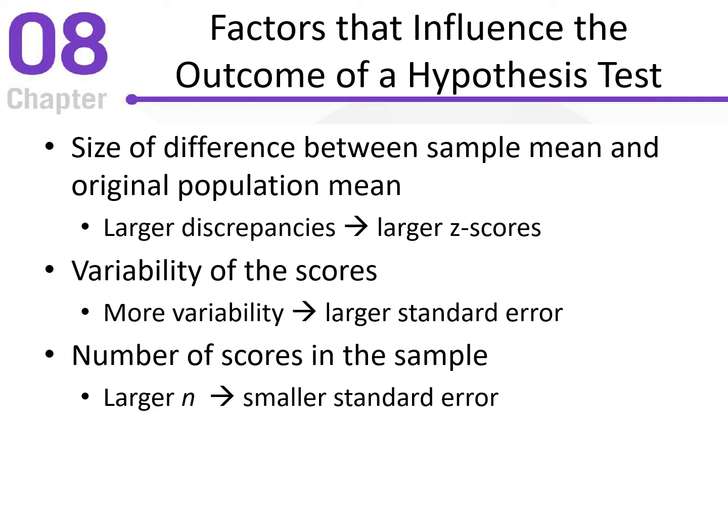So more variance equals harder to reject the null. And sample size: the bigger the sample, the smaller the standard error, and the easier it is to reject the null hypothesis. It's hard to change the standard error. It's easy to change the sample size.